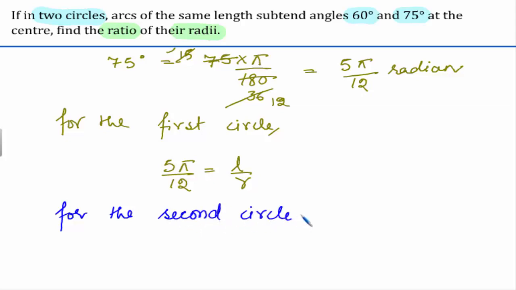For the second circle we can write pi upon 3 is equal to L divided by R dash.